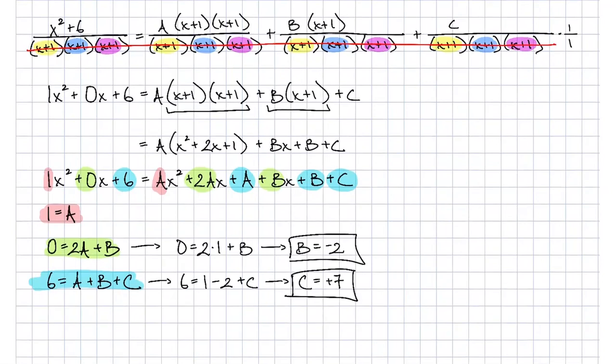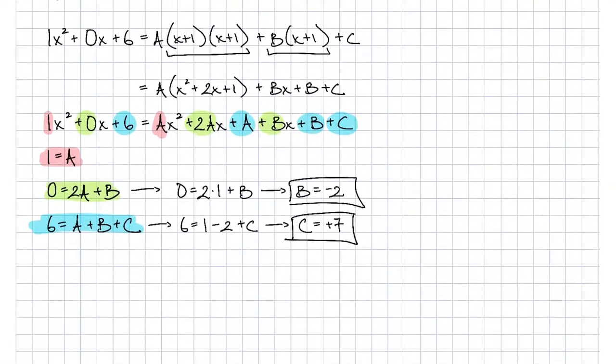And once you've got your constants, you plug them back in. So we know at the beginning we had a over x plus 1 plus b over x plus 1 squared plus c over x plus 1 cubed, right? That last case was when we had the yellow, the blue, and the purple.